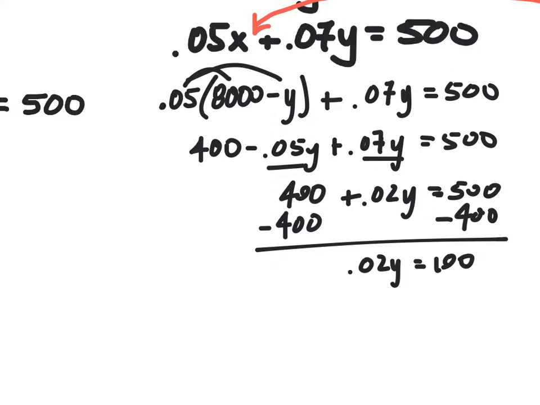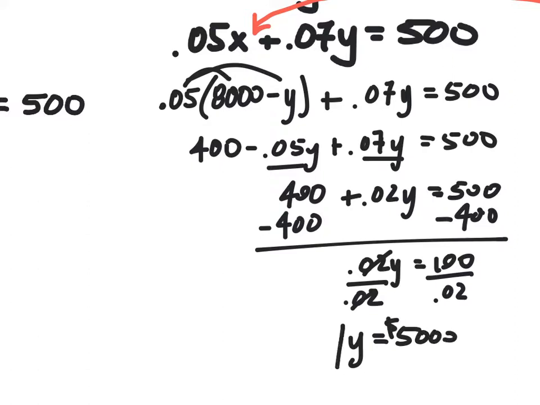Now let's divide both sides by 0.02. These divide out, and we get 100 divided by 0.02, which gives us $5,000. So y is equal to $5,000.